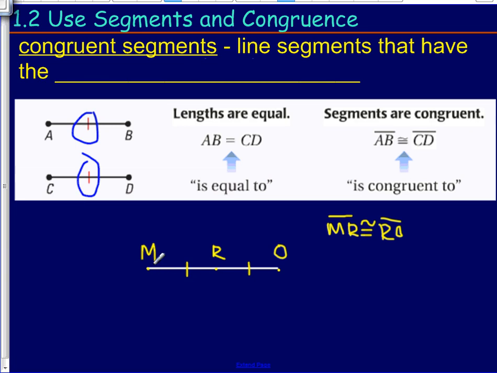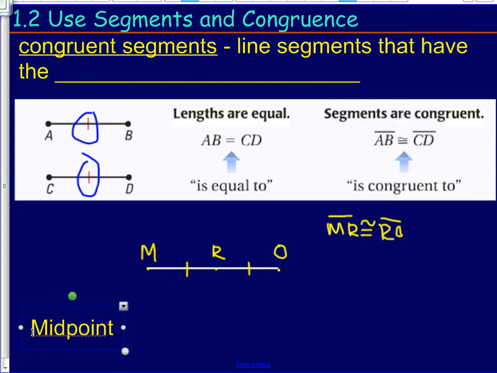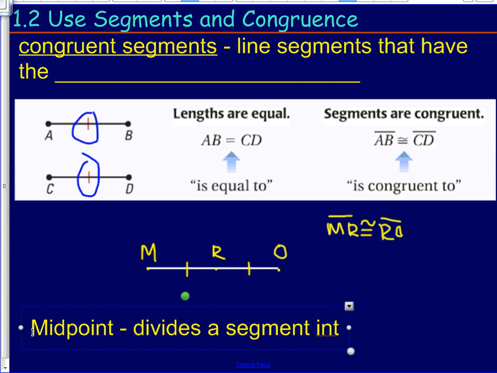All right, and because these two segments are congruent to each other, there's another vocabulary word that I did not include on here, and I will include it now. And this vocabulary word is a midpoint. And a midpoint divides a segment into two equal parts.